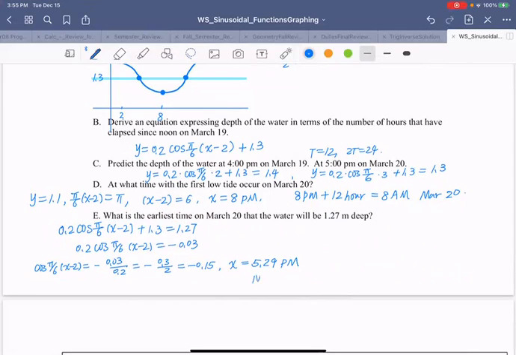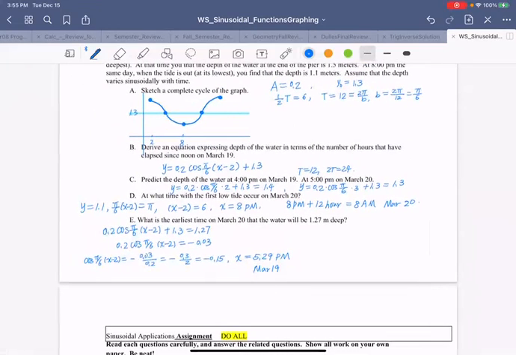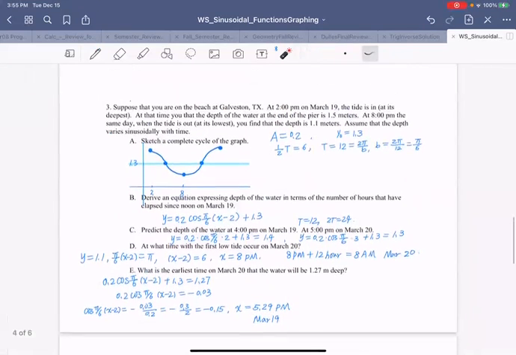This is March 19, right? That makes sense? Yeah, that makes sense. That one belongs to March 19 because 5 p.m. still belongs to March 19. Okay.